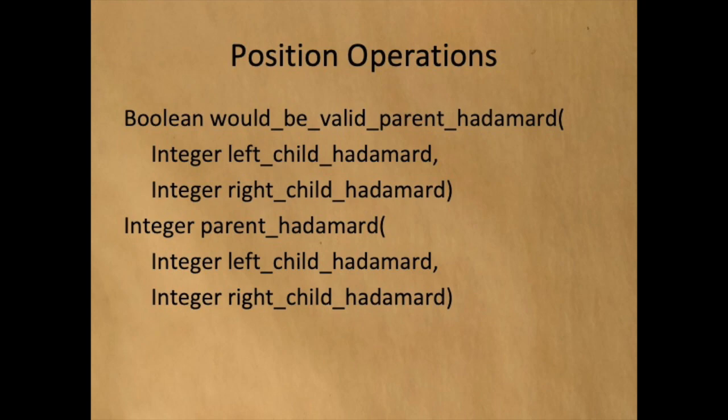The first computes whether two child Hadamard values could be combined to make a valid parent Hadamard value for this node. The second combines two child Hadamard values to create an actual parent Hadamard value for this node. These operations are tied to position because they depend on whether the node is a left node or a right node and what the Hadamard domain actually is.